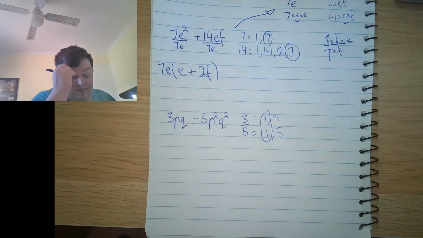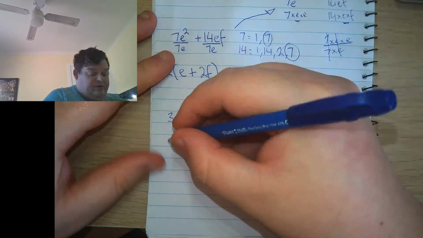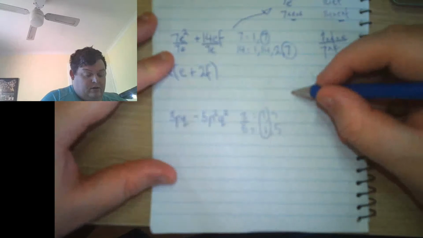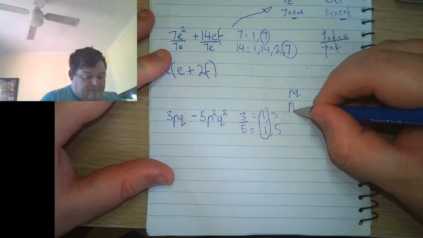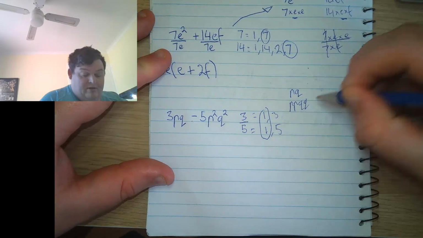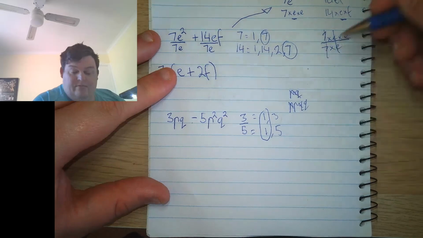Well, we have pq and p squared q squared, which is the equivalent of looking at what's common between p times q and p times p times q times q. There's a p and a q in common, right?